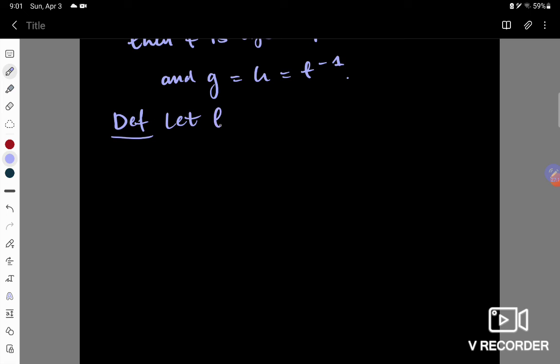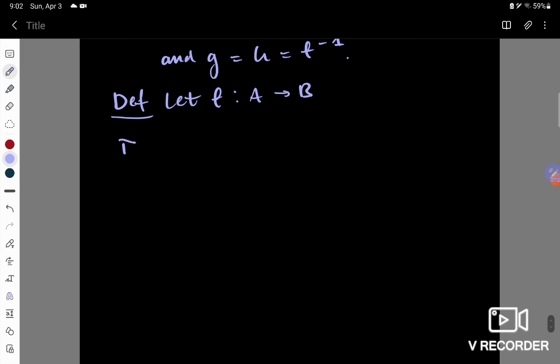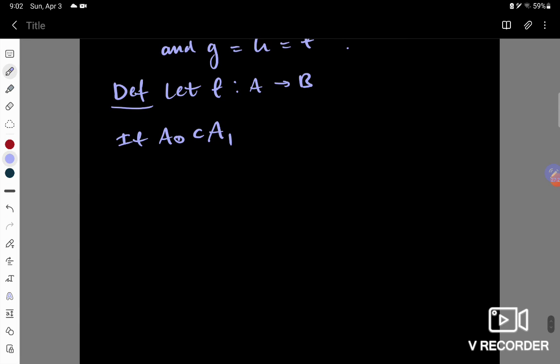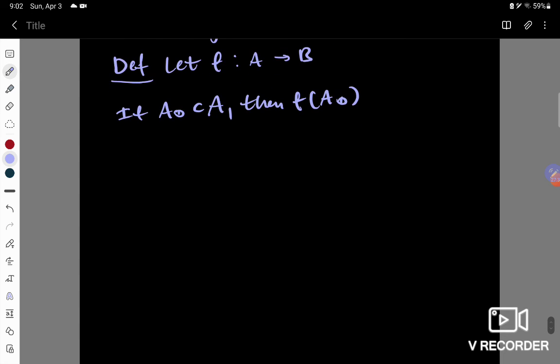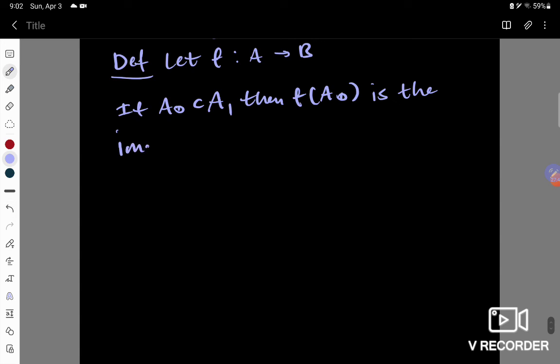Let f from A to B, and if A naught is a subset of A, then f of A naught is the image of the set A naught under f.